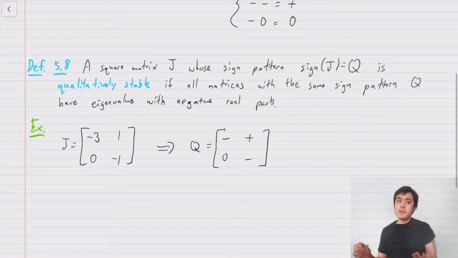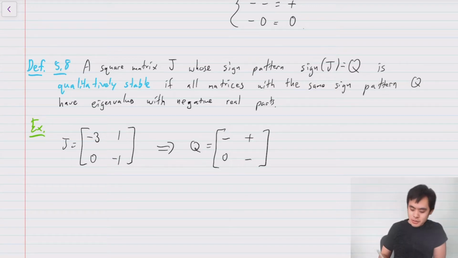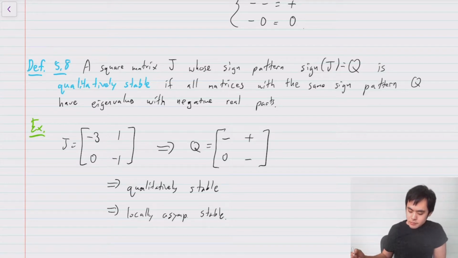But now, this is qualitatively stable because we know that with a triangular matrix, the eigenvalues are just all the diagonal terms, and all the diagonal terms here are negative. So this implies that this is qualitatively stable, which implies that it's locally asymptotically stable, because of these diagonal entries.